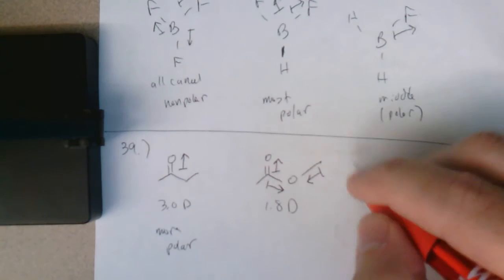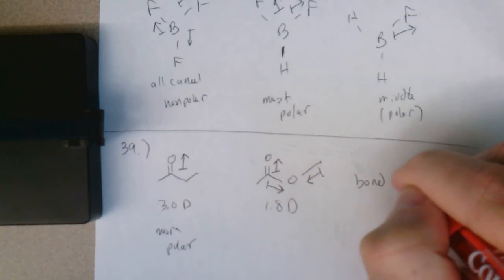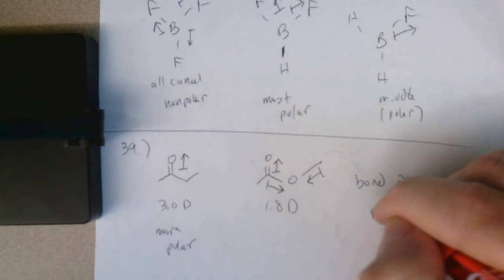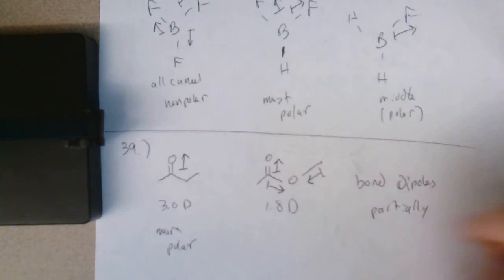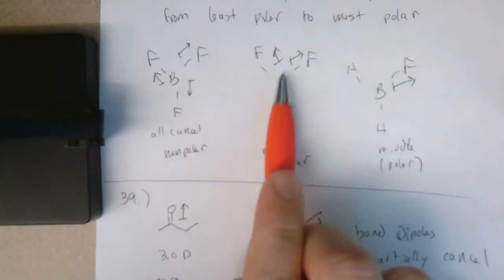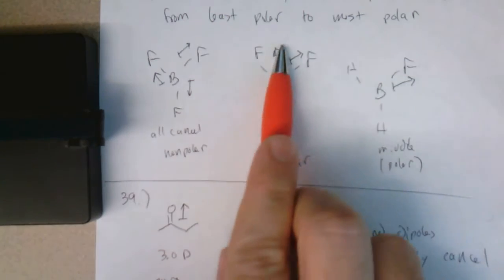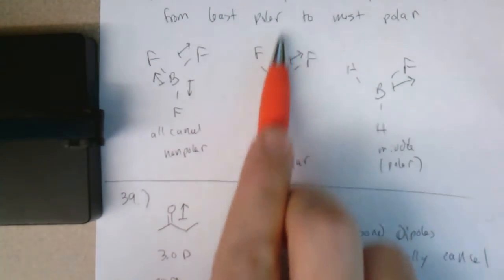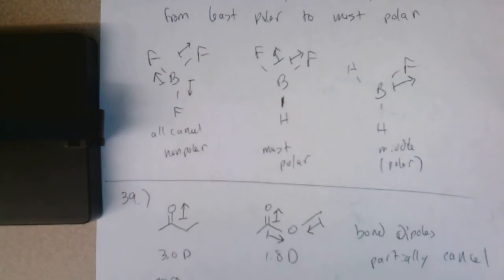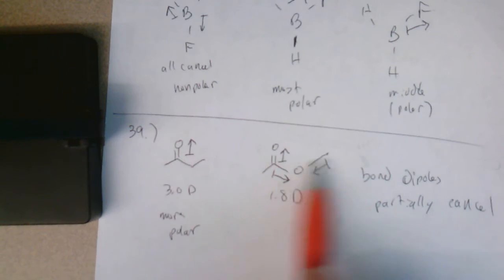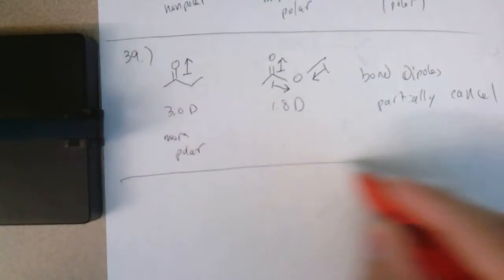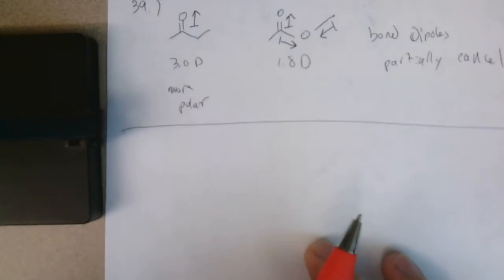So the bond dipoles partially cancel. We have a more complicated geometry here than we did in the case of boron, where the dipoles pointed opposite left to right, but both pointed in the same vertical direction, which gives a strong dipole. Here we have a bunch of different partially canceling dipoles, so it ends up being weaker. Hopefully that makes sense.